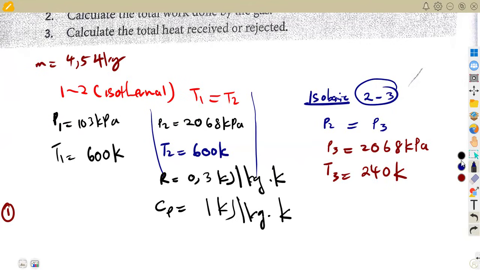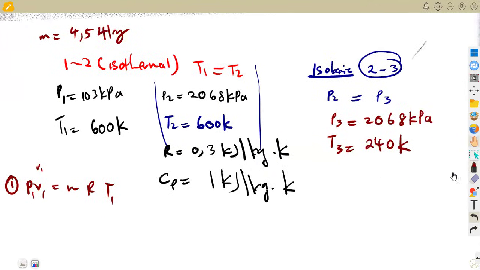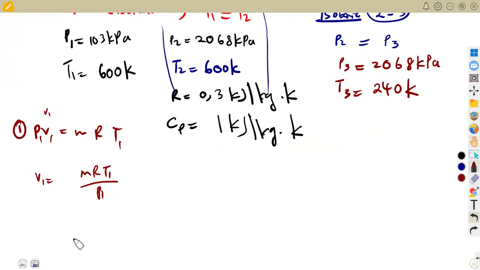From our PV formula, what we want in our question is to find V1. To find V1, I make it the subject, which will be m R T1 over P1. It's a matter of substituting our mass, 4.54.